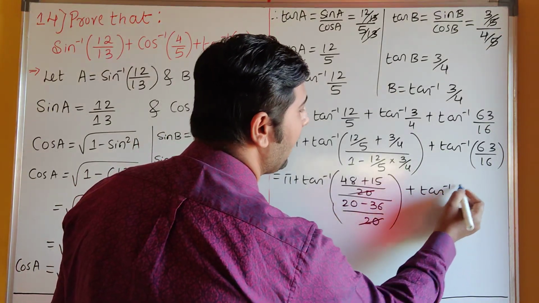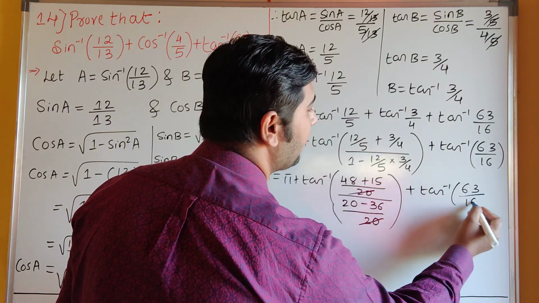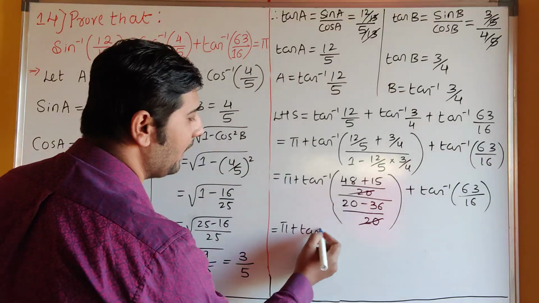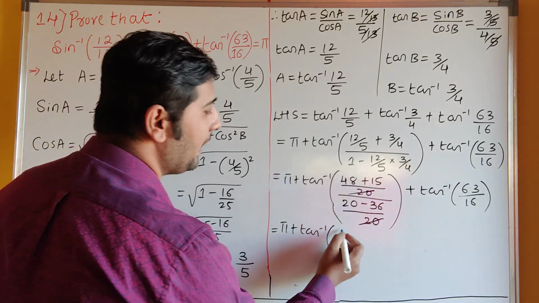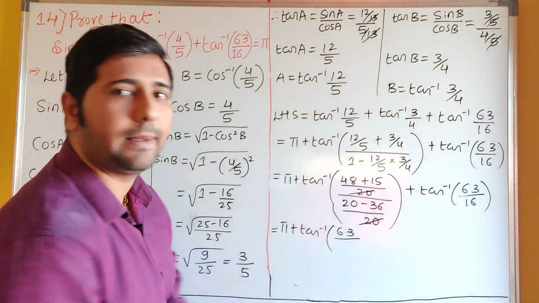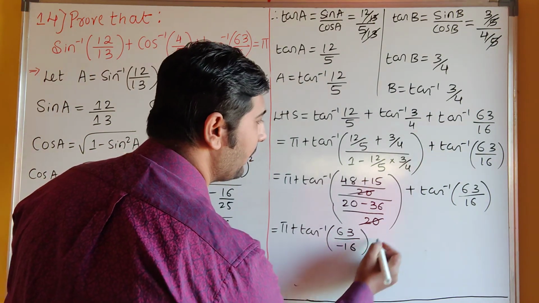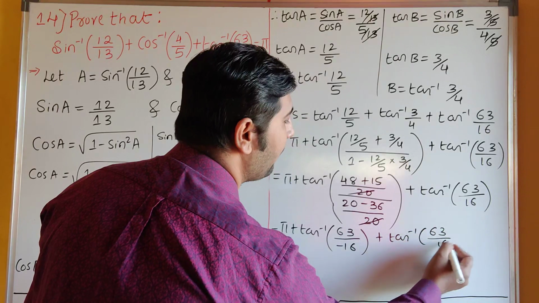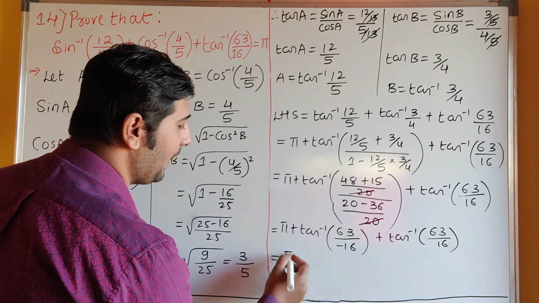Here what is remaining? We will write as it is 63 by 16. Now dear students, you observe. Pi plus tan inverse. 48 plus 15 is how much? 63. 20 minus 36 is minus 16, dear students. So now see what you will remain with. 63 by 16. Dear students, observe very carefully.